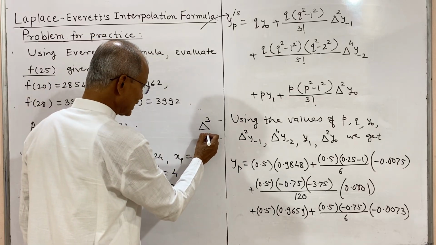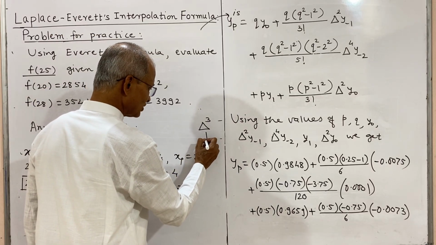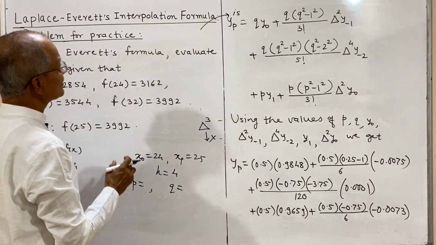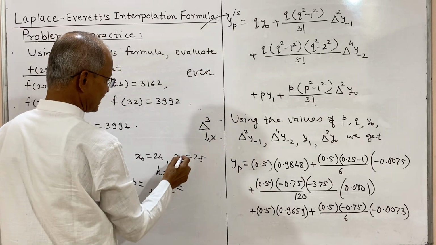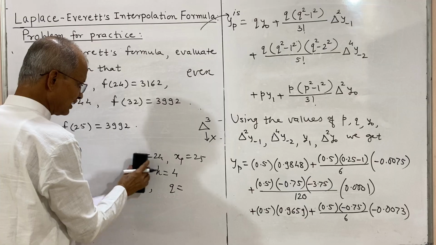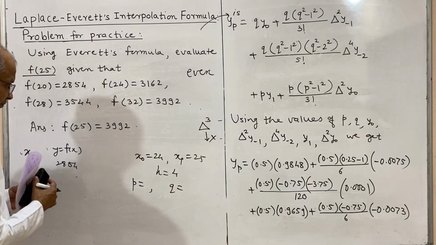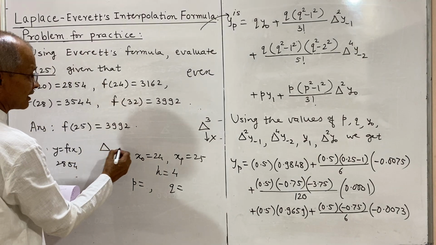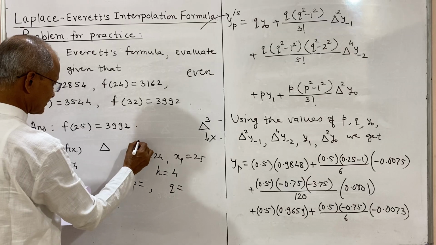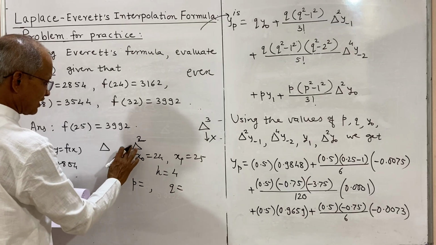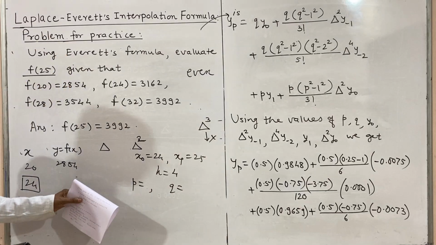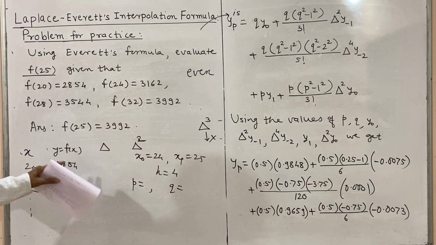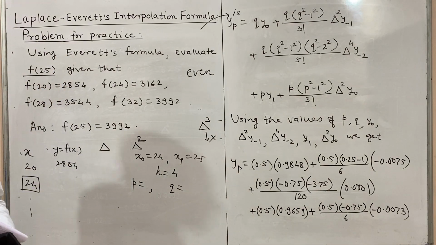That means delta cube is actually not required, because this formula uses only even order differences, and thus we need to construct the table up to delta square only, and that is sufficient because delta cube will not be in the formula, and thus it is easy to solve. So try to solve yourself.